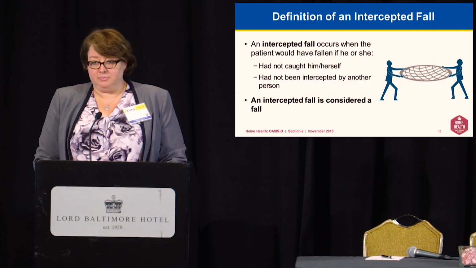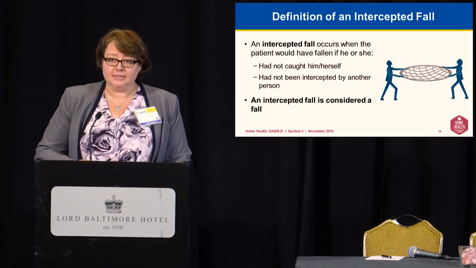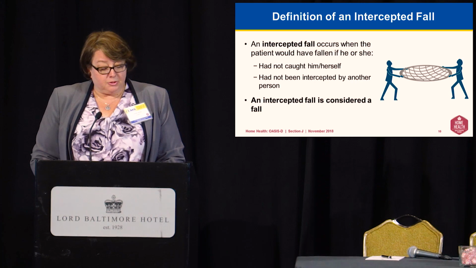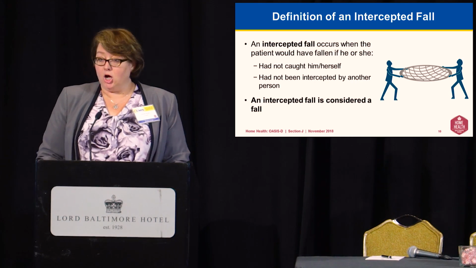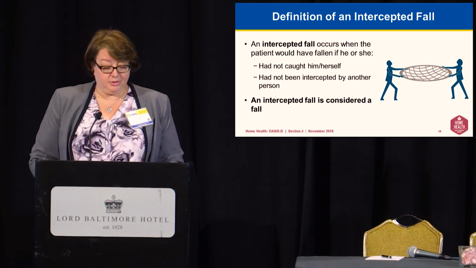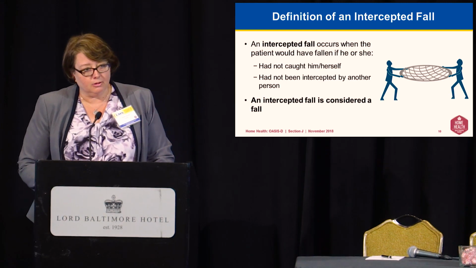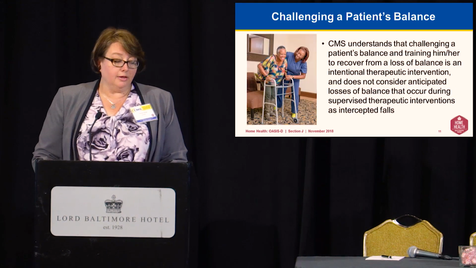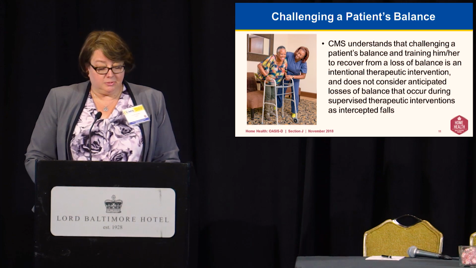Let's think about an intercepted fall, because that's an important word within the guidance that talks about falls. An intercepted fall occurs when the patient would have fallen if he or she had not caught him or herself or had not been intercepted by another person. An intercepted fall is considered a fall for J1800. Another concept around falls for these measures: challenging a patient's balance.